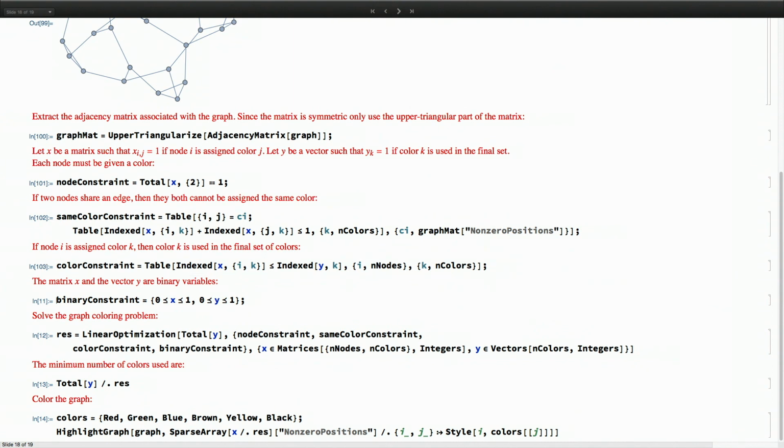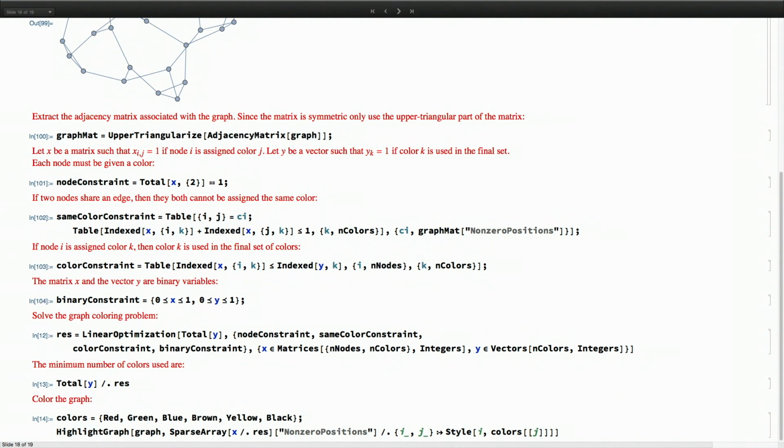We specify our binary variables. In this case, notice that X is a matrix, and it's got the same dimension as our adjacency matrix. And Y is a binary vector that's associated with the number of colors I initially decided to use.